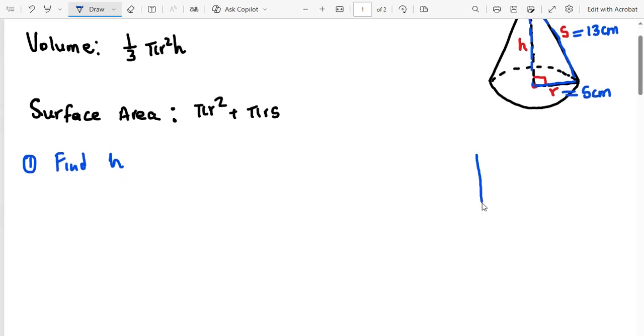So I'm just going to redraw my diagram here. This is a right angle triangle that has the radius of 5 centimeter. And what else do we have on the other side?